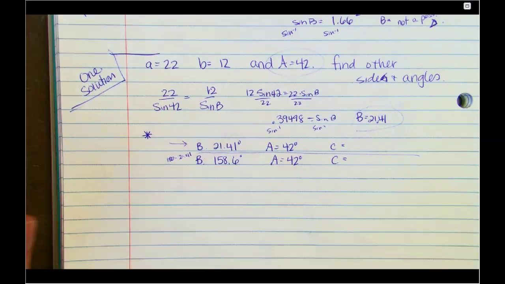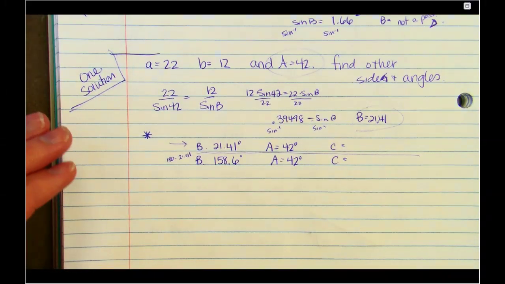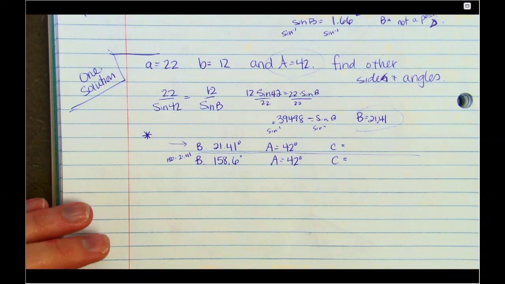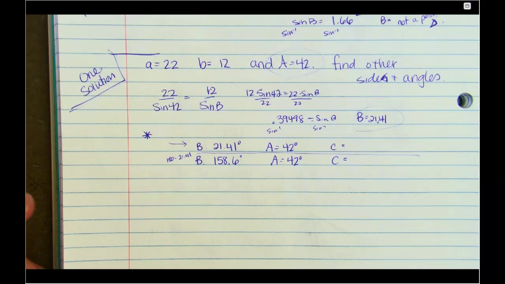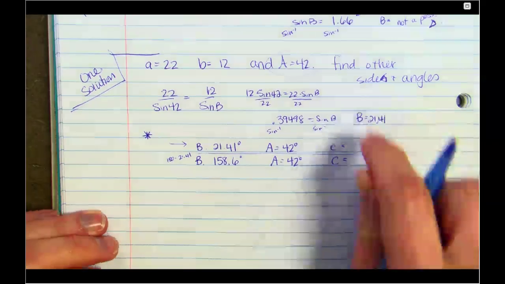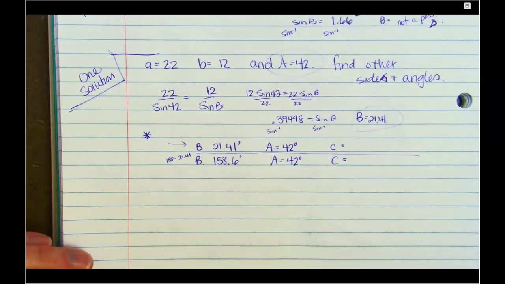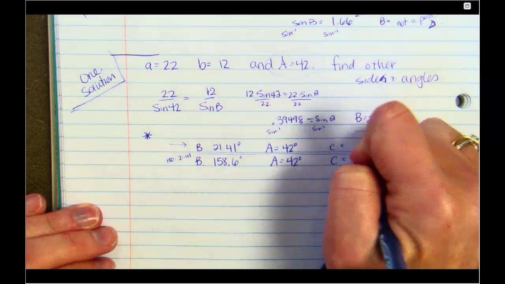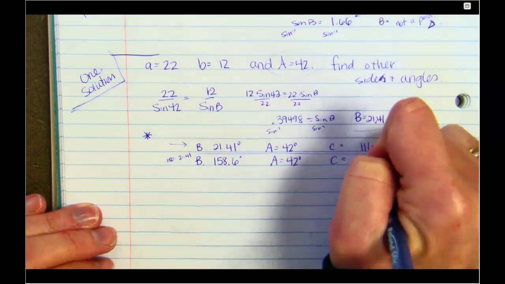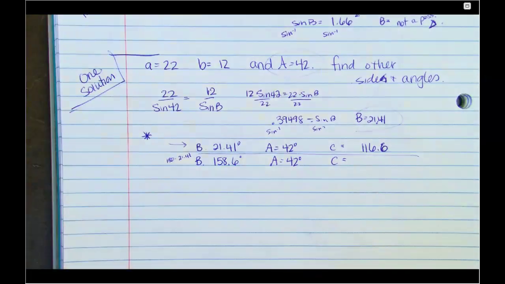What do you get for C in that first triangle? 116.6. Yep, 116.59 if you kept the two decimals.